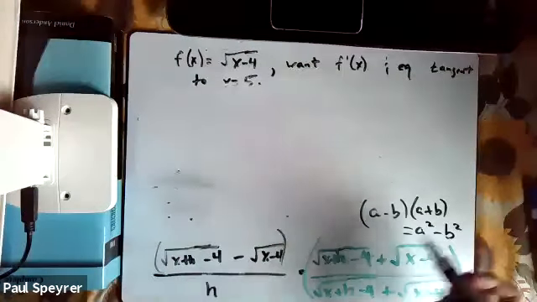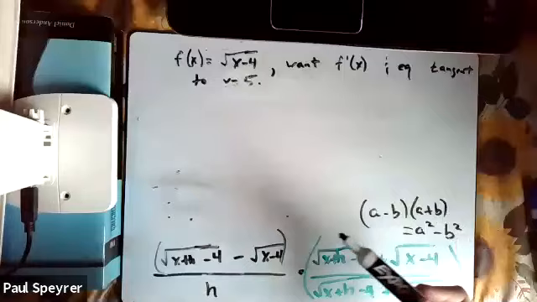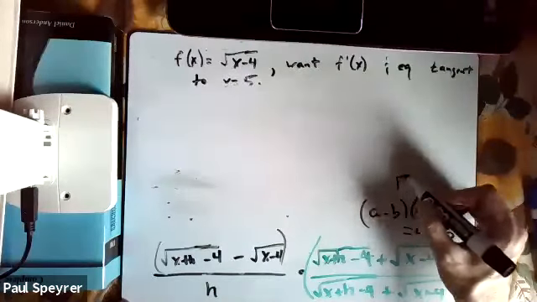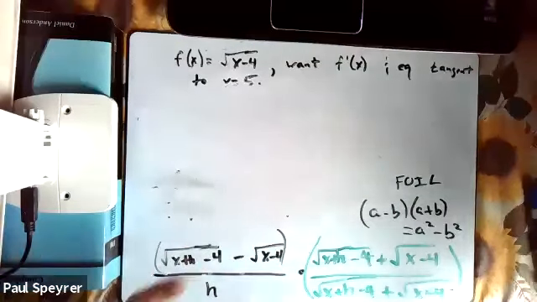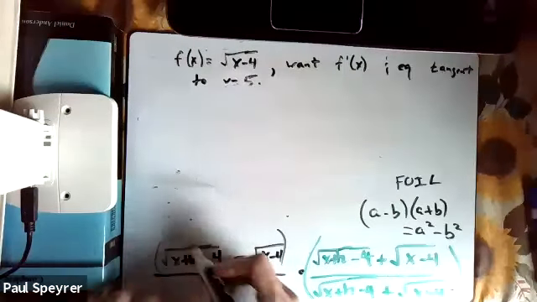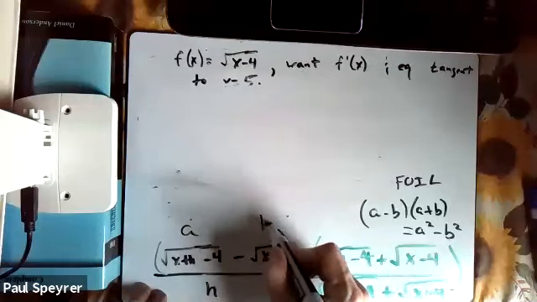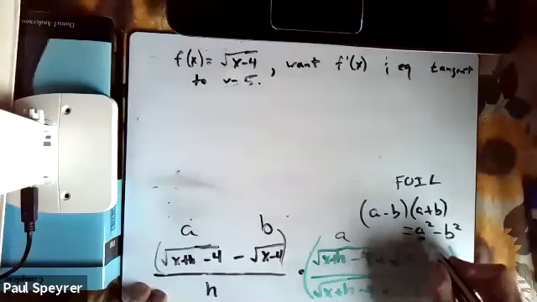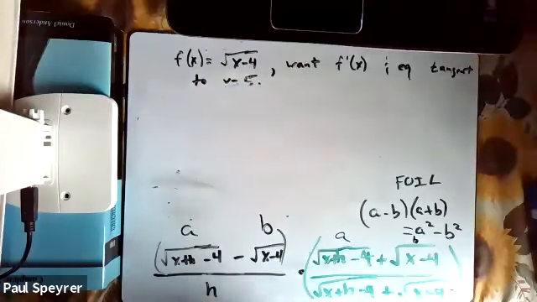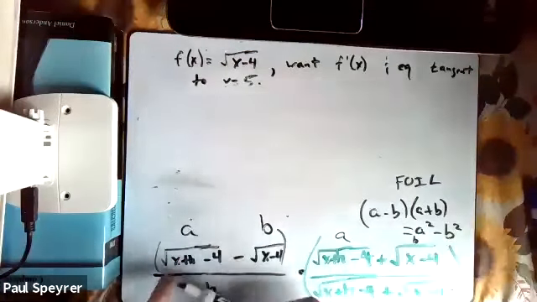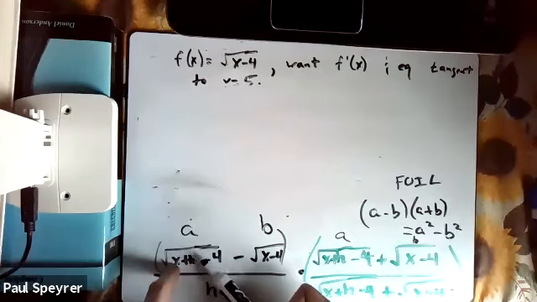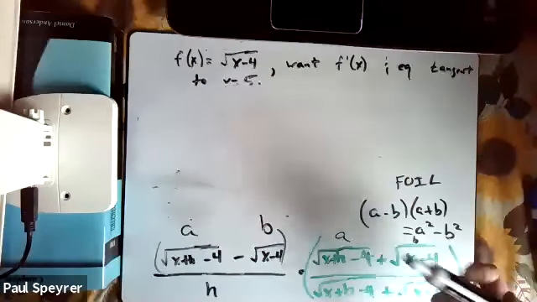Where's that coming from? FOIL. This is just FOIL, but a unique case where it's a shortcut of a squared minus b squared. So this is your a, and this thing here is your b. So if I go a squared, what is that? Well, what's the square root of something squared? The square and the squared knock each other out.